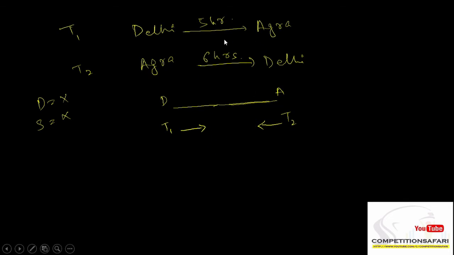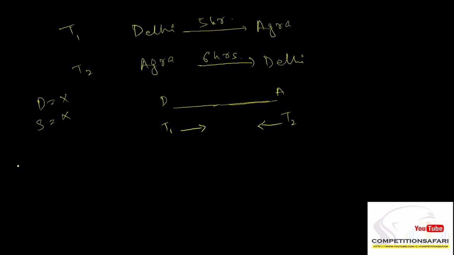Now their total times are 5 hours and 6 hours. If you take the traditional method, it will again be very lengthy because we'll have to make too many assumptions about the distance or the speed. But what we will do here is take the LCM of the times given to us. It will make our solution very easy.